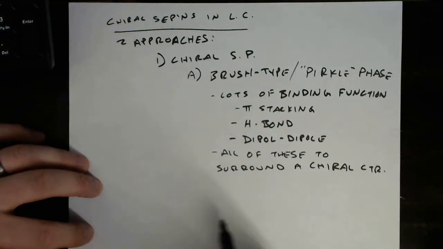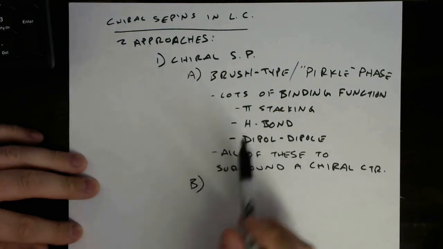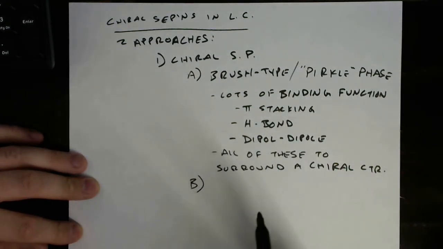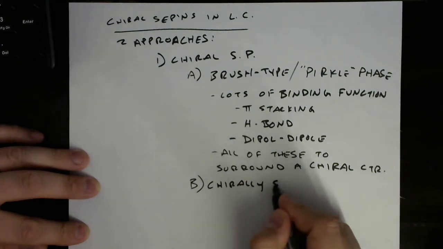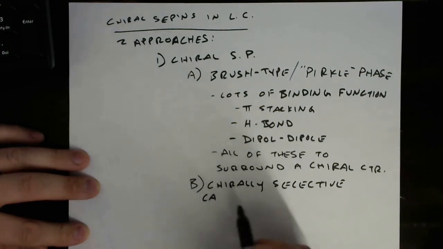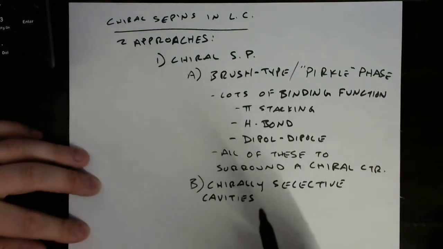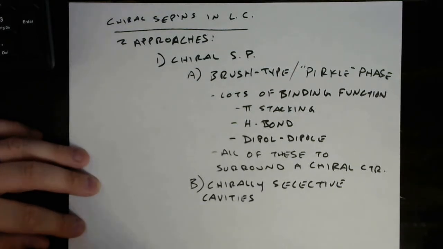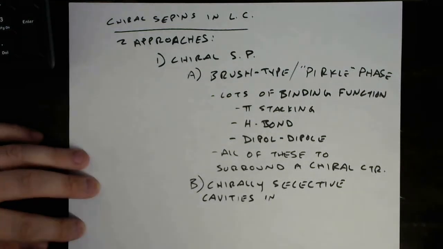So I said we had 2 or 3 ways of doing this. Let's look at another way that's not based on these Pirkle functionalities, and that would be to have chirally selective cavities, basically designing pores at the molecular level into the particles where there is some kind of chiral center as part of the structure of that pore.